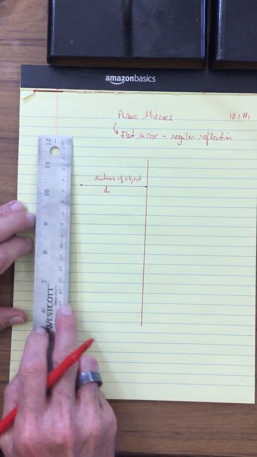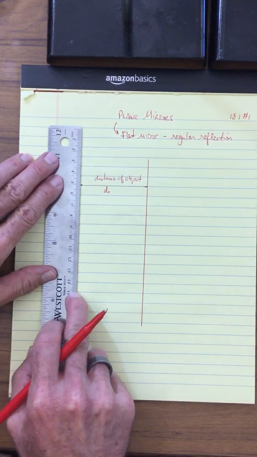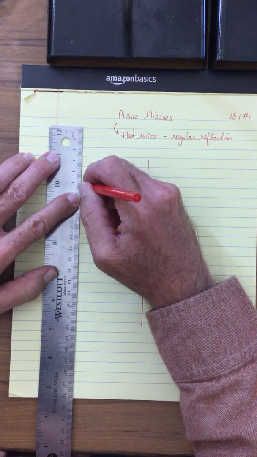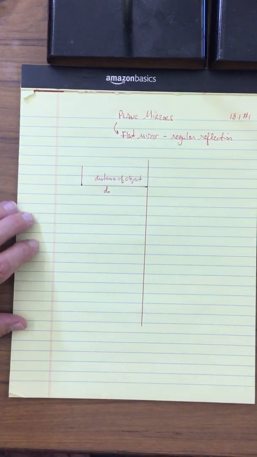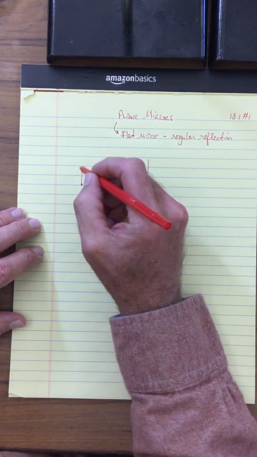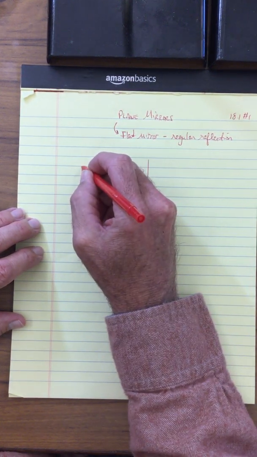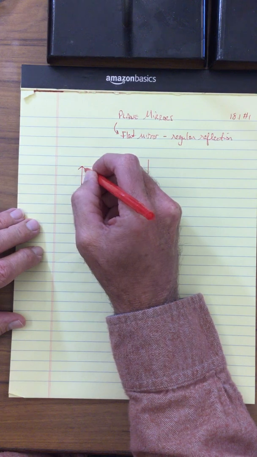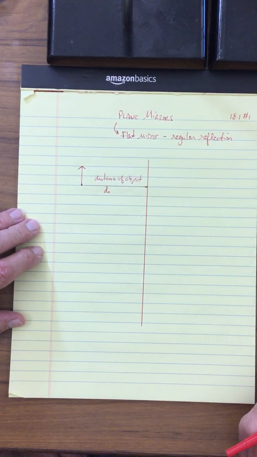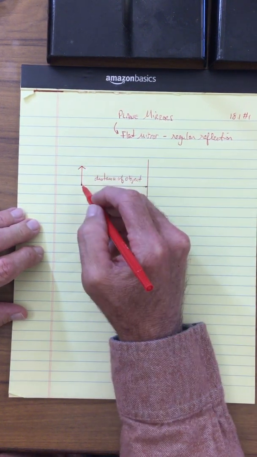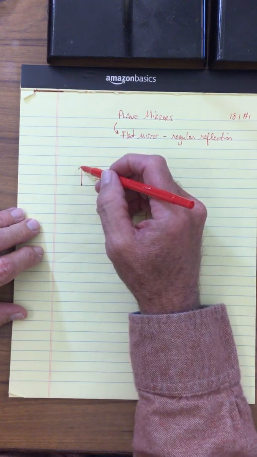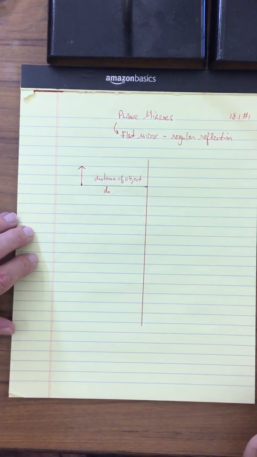Now, for simplicity's sake, if you can take your ruler and just draw upward, maybe 2 lines like this. So let's say this is a ball, or it could be a person, it could be a candle, it could be any object. The object is drawn with an arrow going up to represent the direction in which the object is standing.